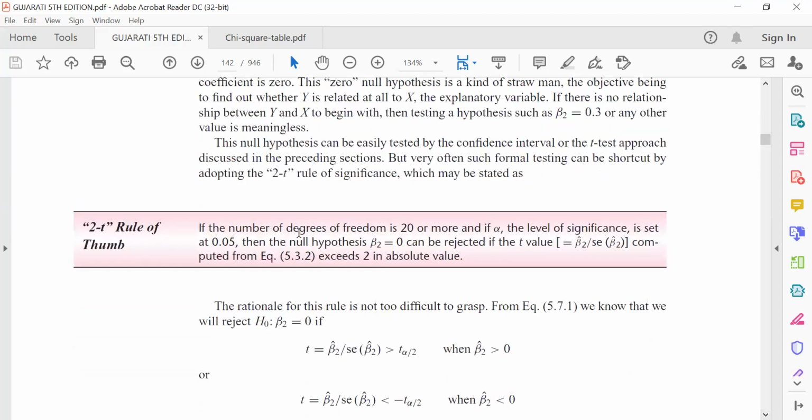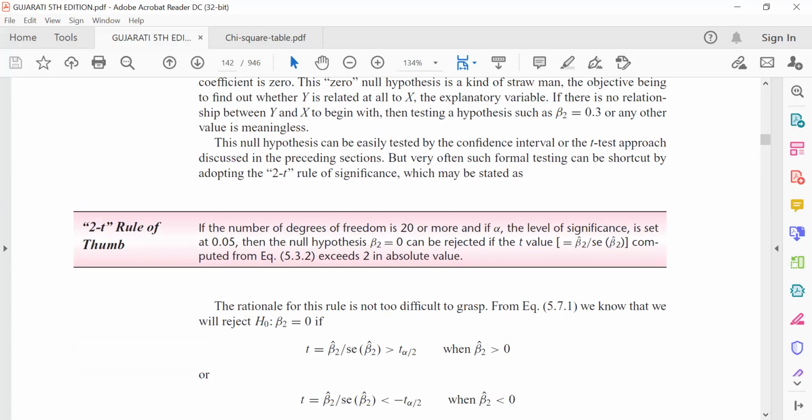If the number of degrees of freedom is 20 or more and the alpha level of significance is set at 5%, then the null hypothesis beta 2 is 0 can be rejected if the t value exceeds 2 in absolute value.